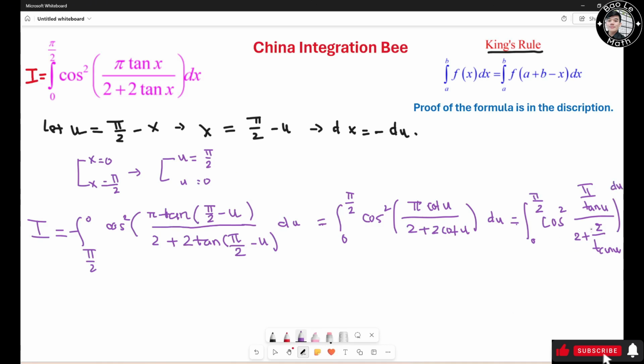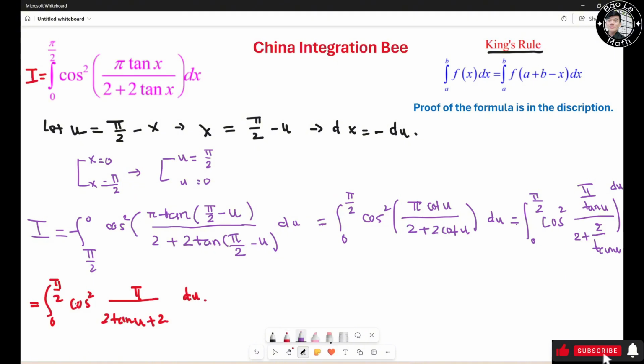Now I'm going to multiply the top and bottom by tangent u. So this turns out to be the integral from 0 to pi over 2 of cosine square of pi over 2 tangent u plus 2, du.